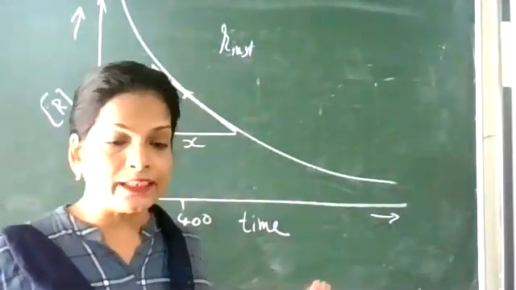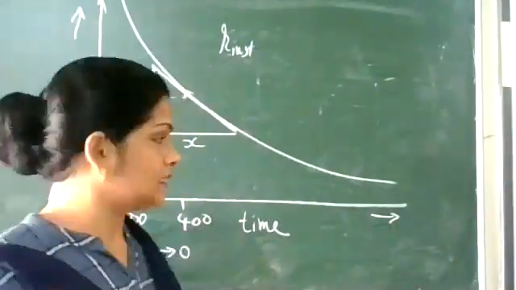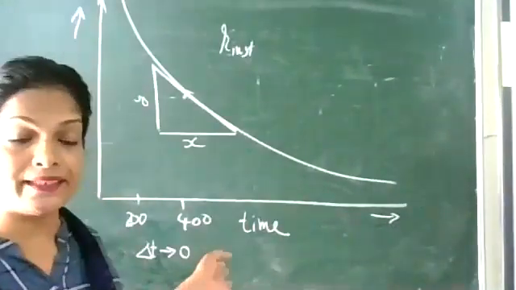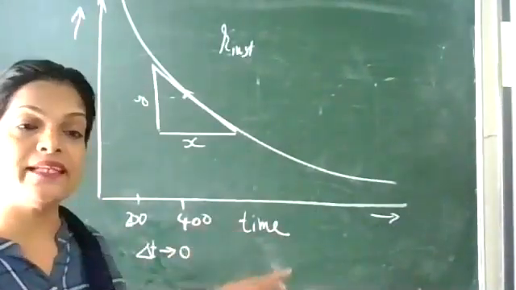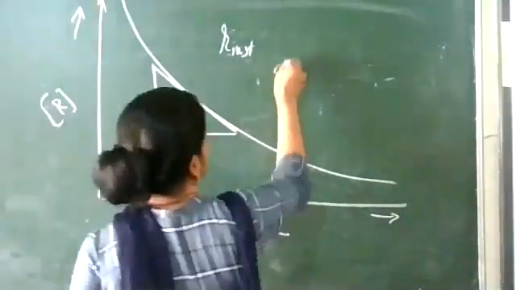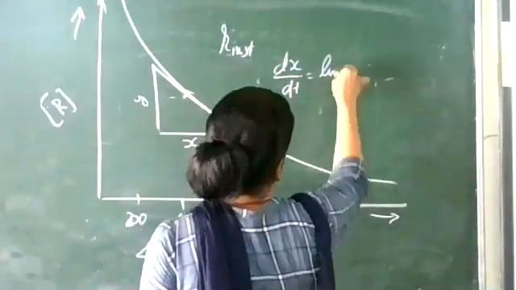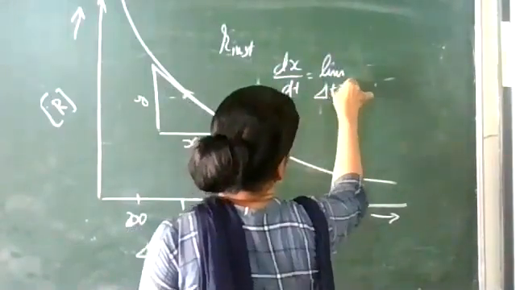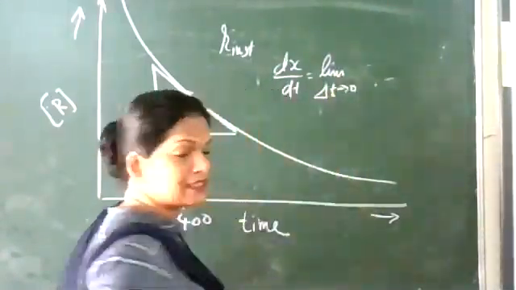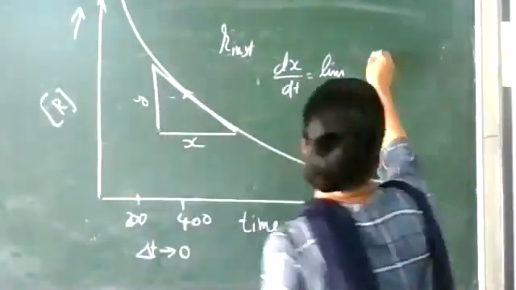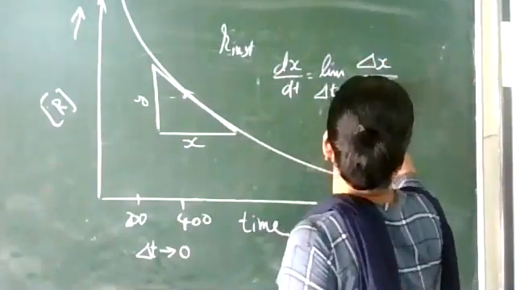So you can write in this format: dx by dt is equal to limit delta t tends to 0, delta x by delta t.